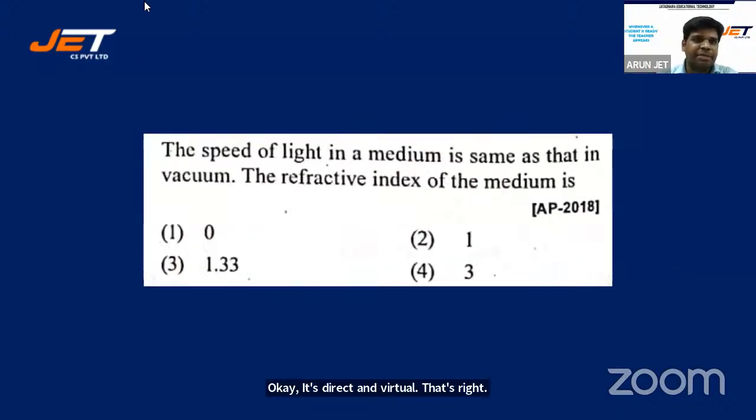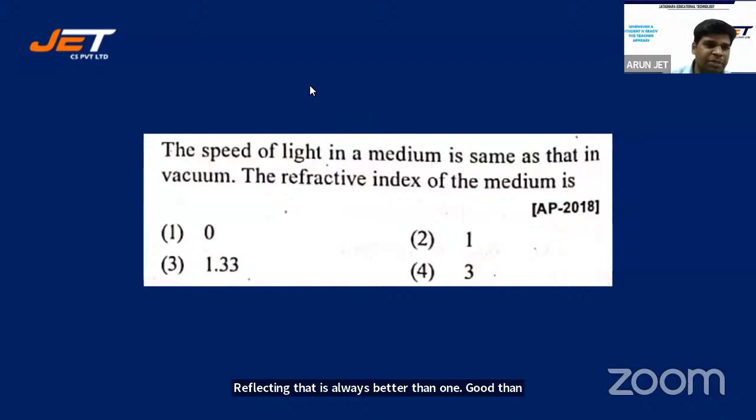Yes, guys, that's right. The speed of light in a medium is same as that in a vacuum. The refractive index of the medium is the very definition of refractive index, students. Refractive index is always greater than or equal to 1.